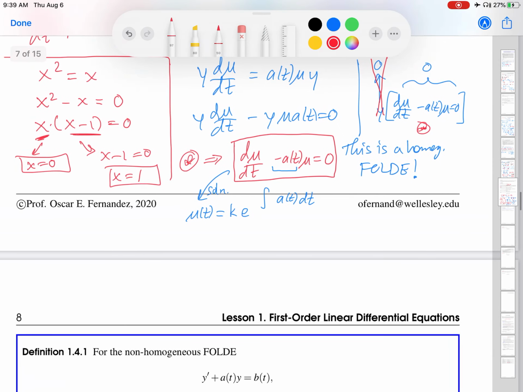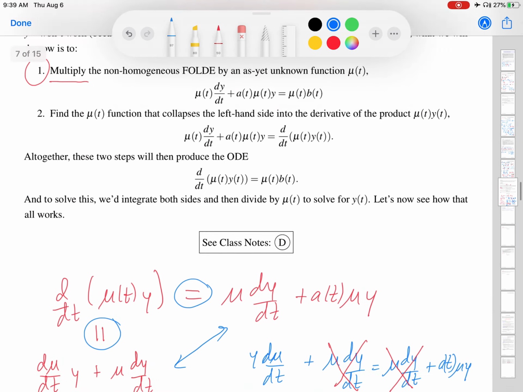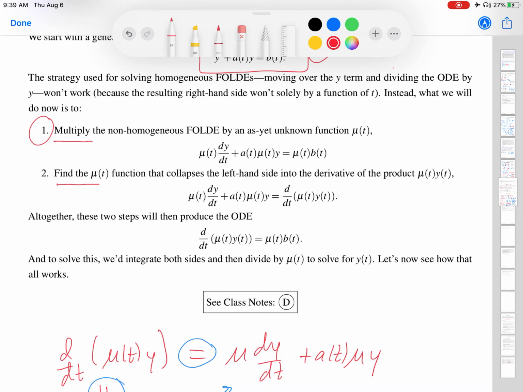It doesn't matter what value for k you choose. This family of mu functions achieves what we want it to do. What is that? It achieves step number 2 up here: find mu of t that collapses the left-hand side into a derivative. So we have found an entire family of functions that does that.